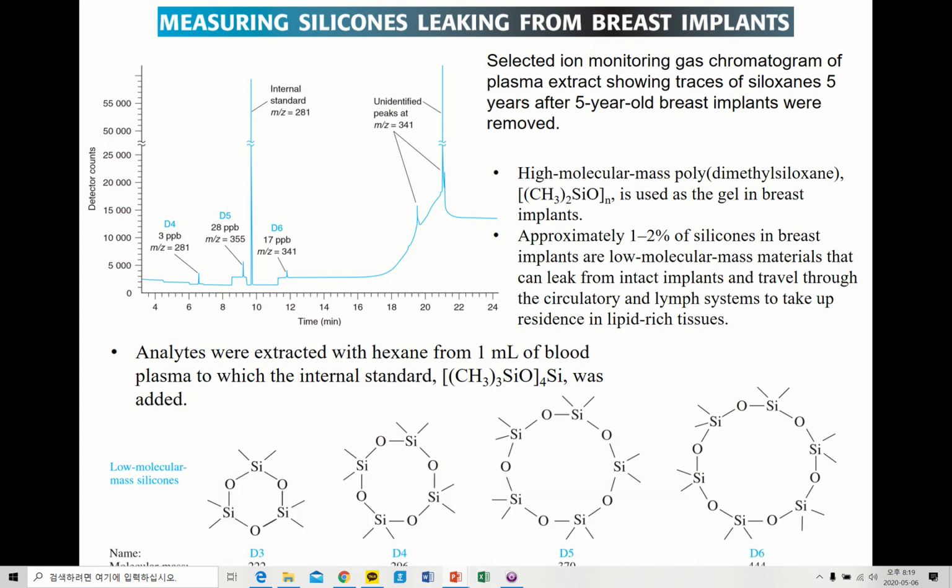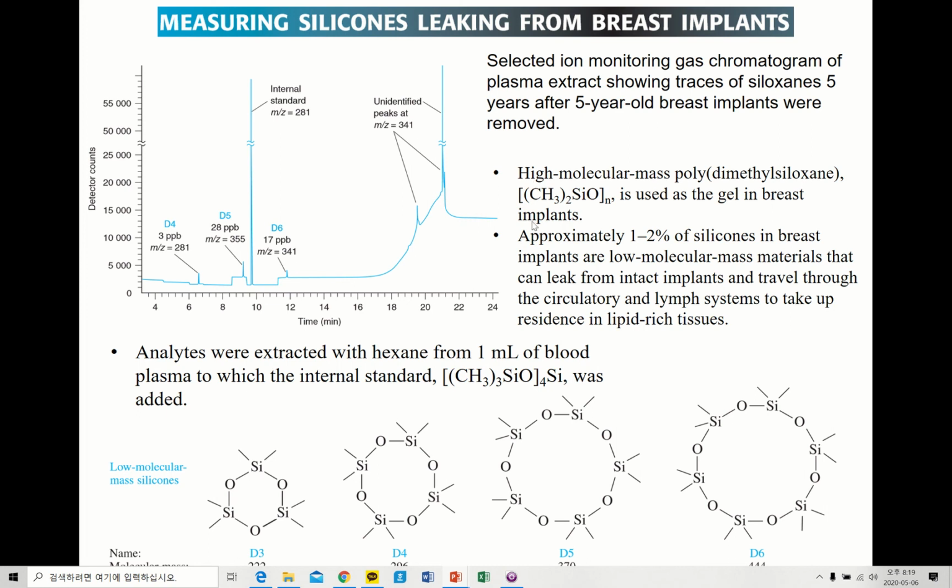After separation, you detect using mass spectrometry. So this spectrum was obtained by selected ion monitoring gas chromatography, the GC. You separate the compounds, and then you use the mass spectrometer as a detector.